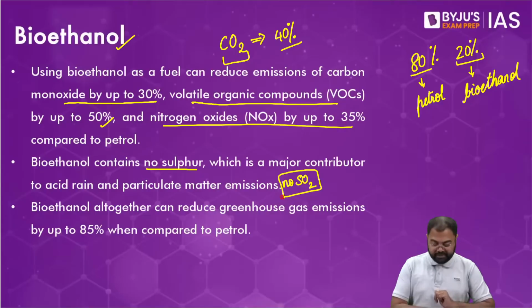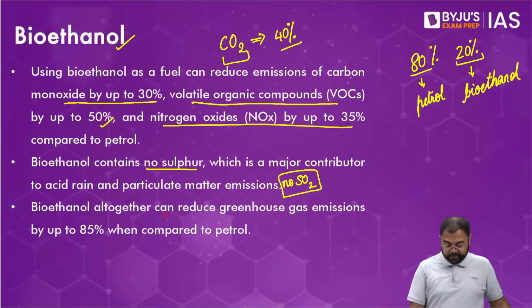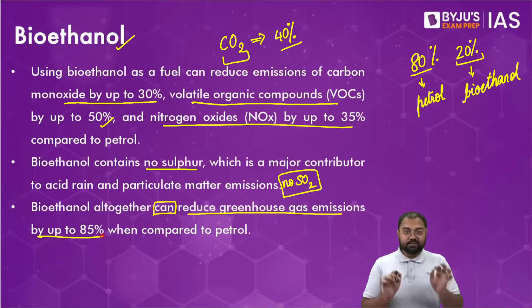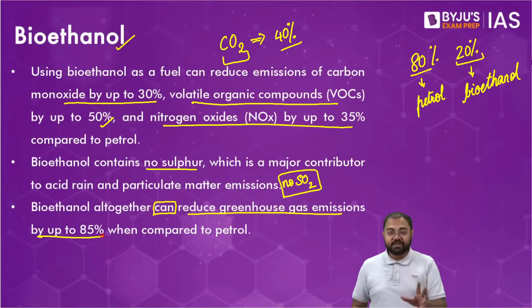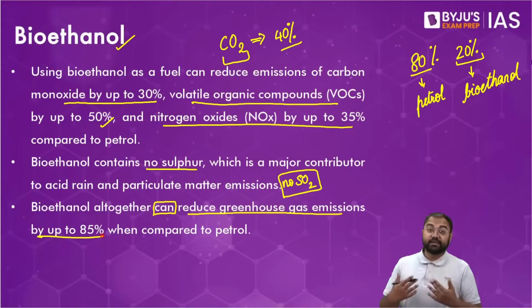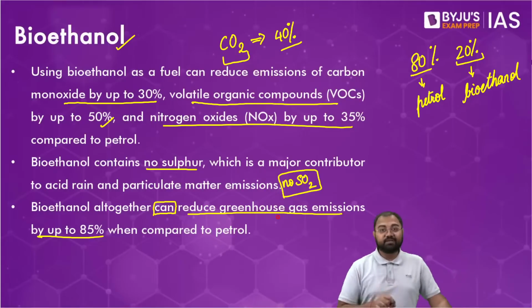Overall, when it comes to bioethanol, that is basically what we know. And overall, it can reduce, just remember we are talking about can, it can reduce greenhouse gas emissions by up to 85%. Always be very clear about the words. We are not saying that these are the exact numbers. We are saying that in an ideal case scenario, the emission reduction can be up to 85%.